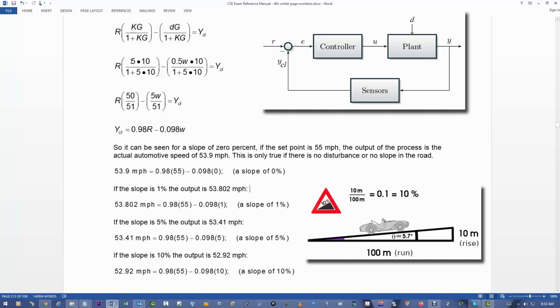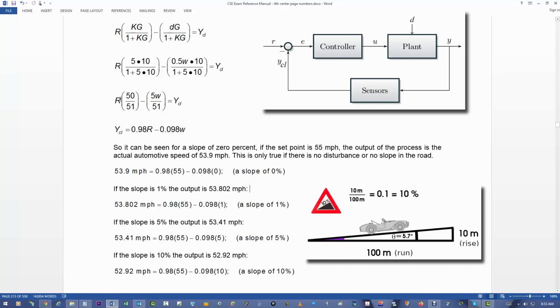Okay, so if we take our controller gain, 5, times our plant gain, 10, we get 50. And so that's 1 over 1 plus 50, 5 times 10. We had our disturbance, we plug in for D here, 0.5 W, and our plant gain of 10. And that's over the input of the whole closed loop, which is 1 plus 50. So 10 times 0.5 is 5, so 5W over 51, and this becomes 50 over 51.